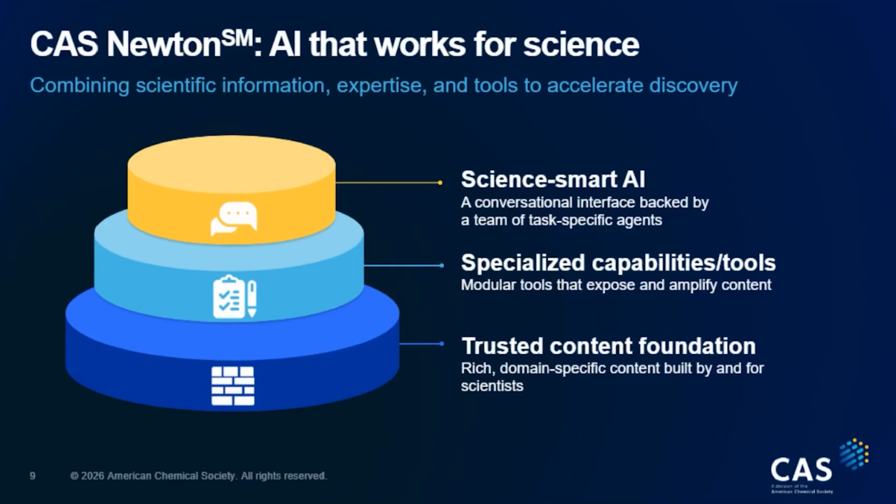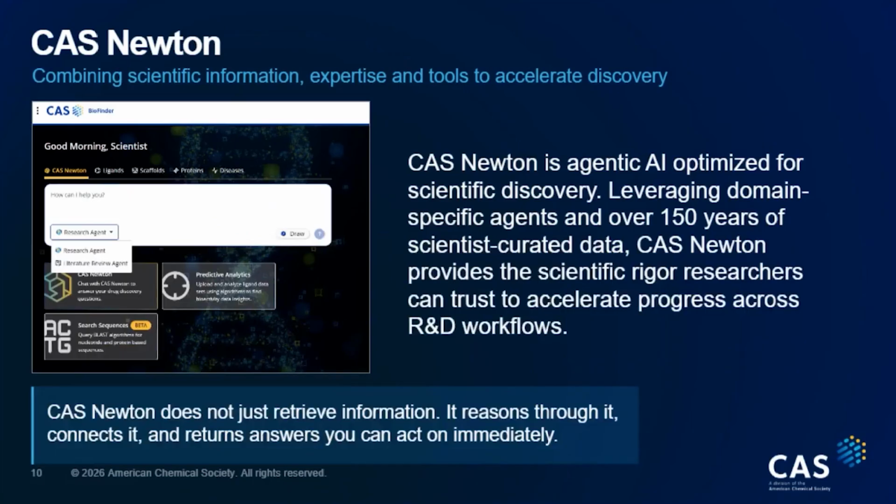But regarding Newton itself, our AI assistant that we're calling Newton, there are a few things that we think set it apart from other players in the industry. First and foremost, it's that CAS knowledge base that we use as our foundation. So Newton's outputs will always be grounded in this curated data set of chemistry and biology.